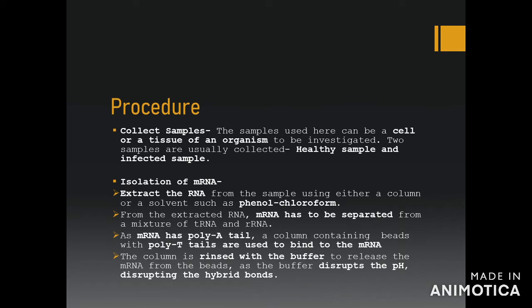The next step is where you isolate the mRNA. We extract the RNA from the sample using either a column or a solvent such as phenol chloroform. From the extracted RNA, we separate mRNA from the mixture of rRNA, tRNA, etc. And as mRNAs have a poly A tail, we add a column containing beads with poly T tails, so that the mRNA binds to these poly T tail beads.